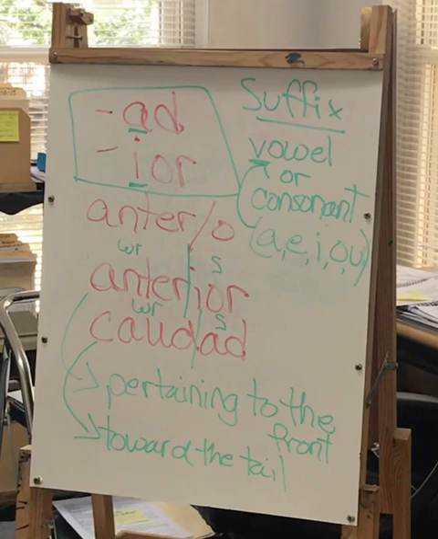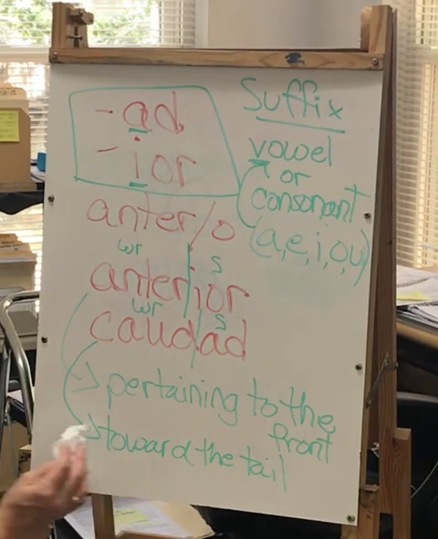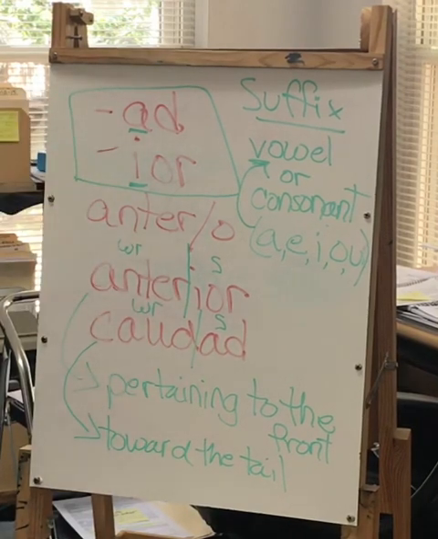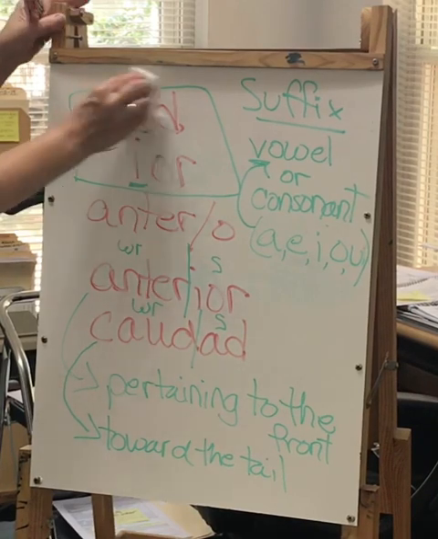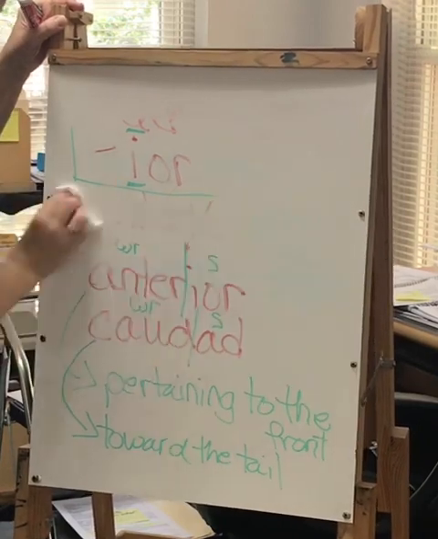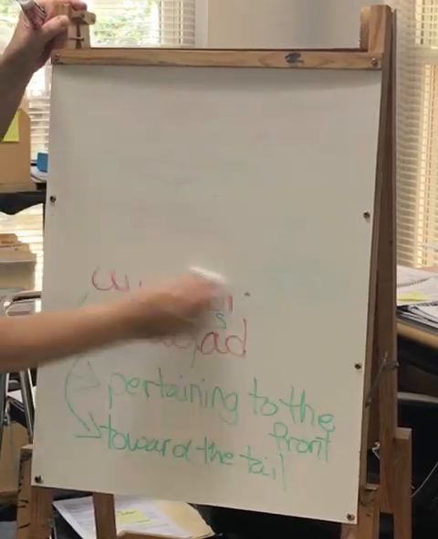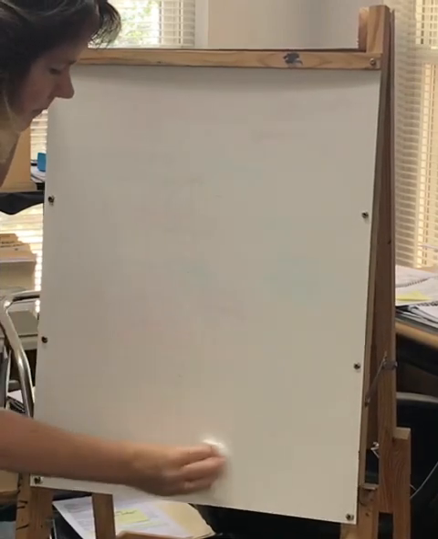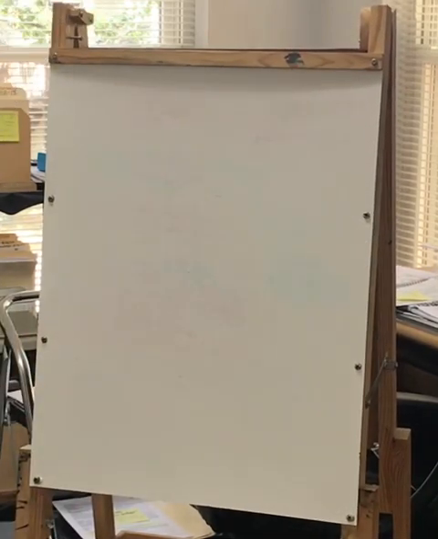All right? Now, I want to stress that you can never, ever change a suffix in order to try and put in a combining vowel. So let me show you what I mean by that. Okay, I'm going to go back for this.